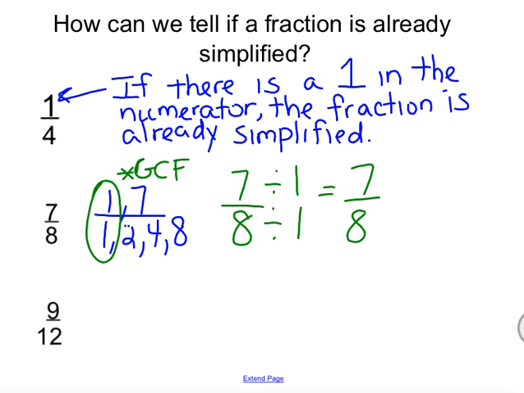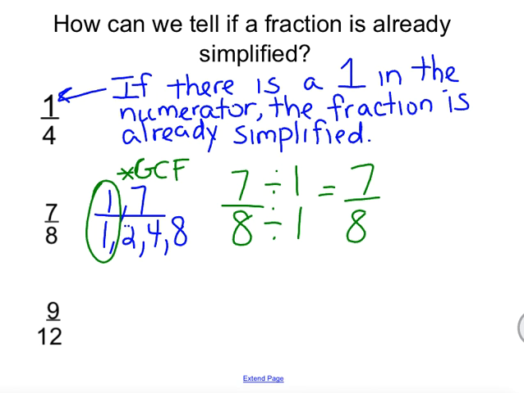However, if they have more factors in common, more than just the number 1, then that fraction can still be simplified. So let's do the work and figure it out.